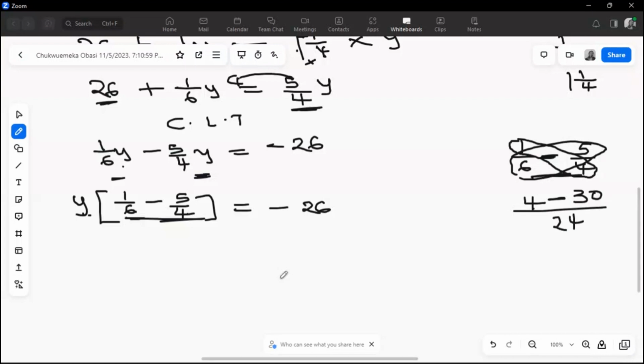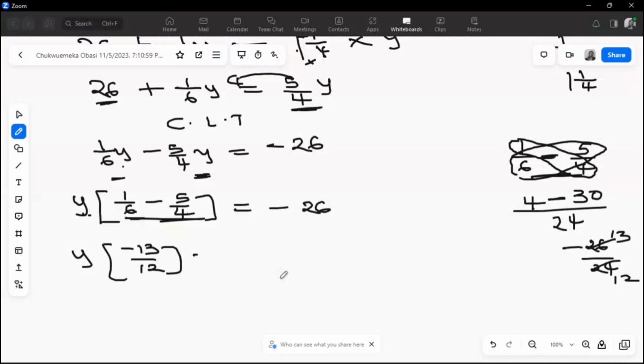And that will give me minus 26/24. If 2 divides this it is 13, if 2 divides this it is 12. So finally we have minus 13/12. So we have y times minus 13/12 is equal to minus 26.